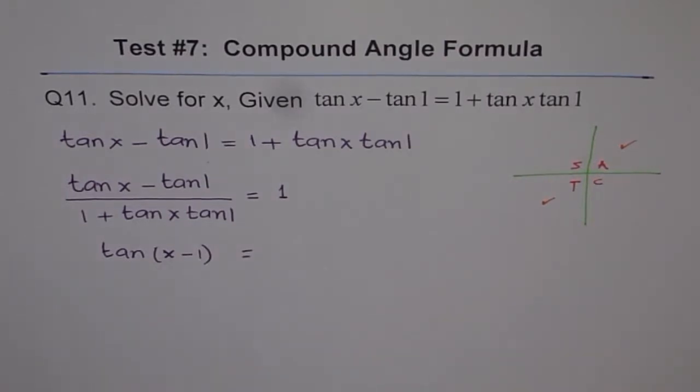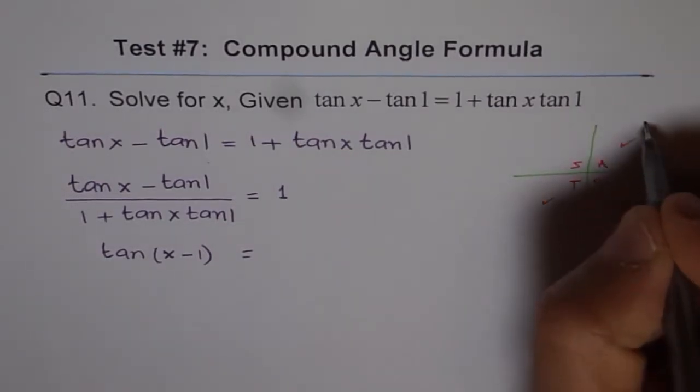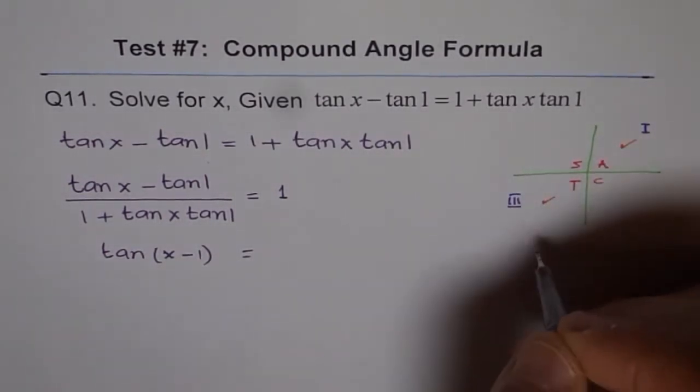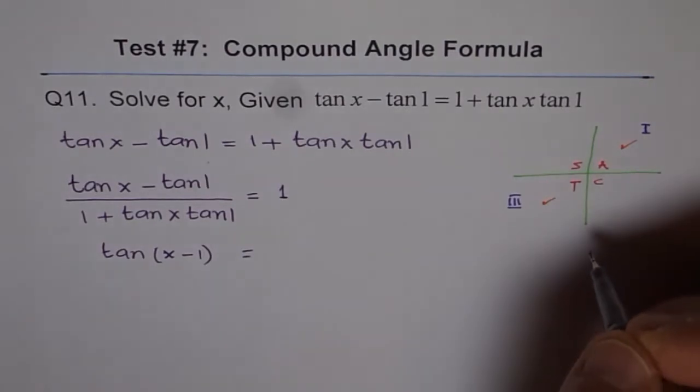So we are looking for an answer in the first or third quadrant. The second thing is that there are two things to any value: the magnitude of the value itself, which is 1, and the sign, which is positive. For tan, it is positive in quadrant 1 and in quadrant 3. So these are the two quadrants where our answer lies.